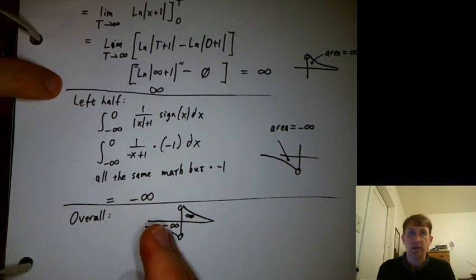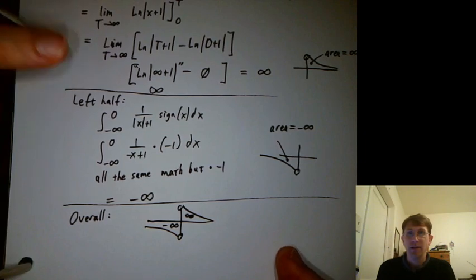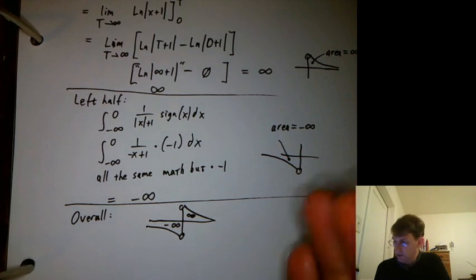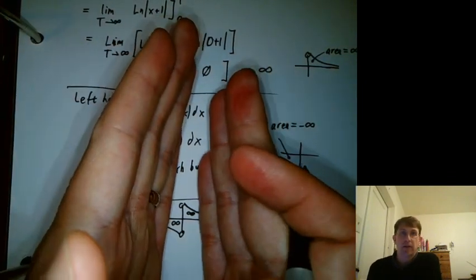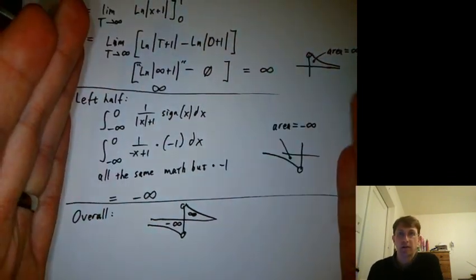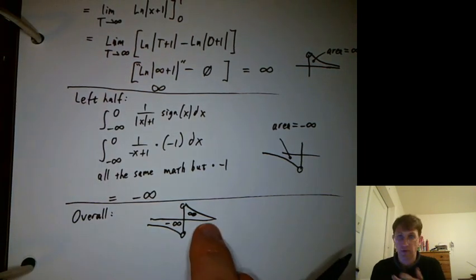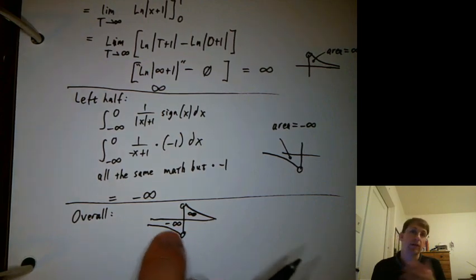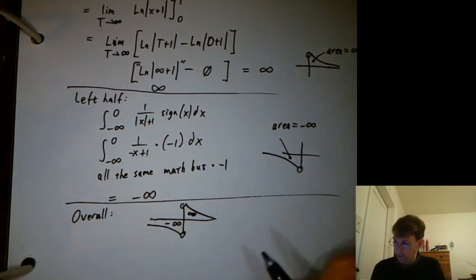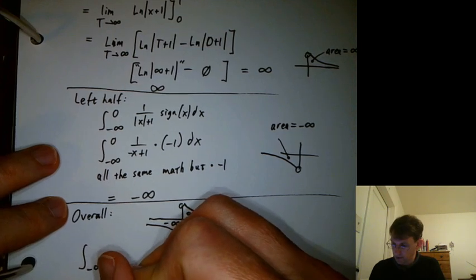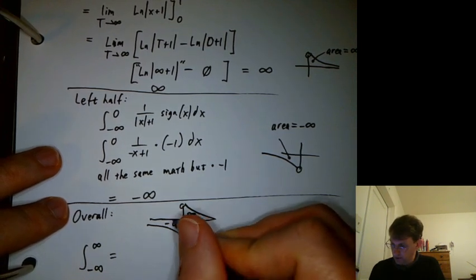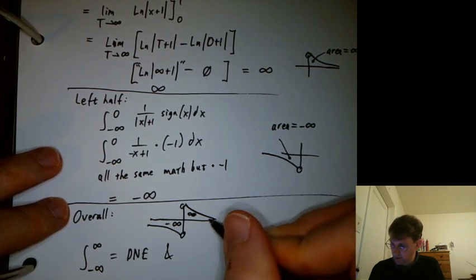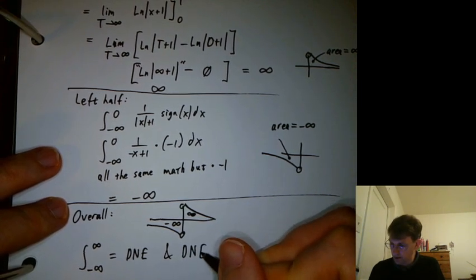So what's the overall area from negative infinity to infinity? It's really, really tempting to say that these cancel out and give you 0. And that would be true if we integrated from negative 10 to 10, negative 100 to 100, negative 1,000 to 1,000. But for theoretical reasons, what we have to do is integrate one half, see if the answer exists, integrate the other half, see if the answer exists. But here, this minus infinity counts as DNE, and that infinite integral counts as DNE.